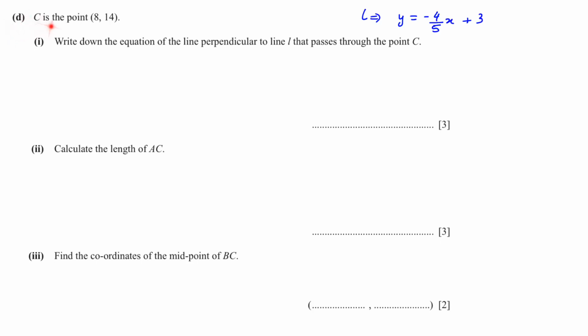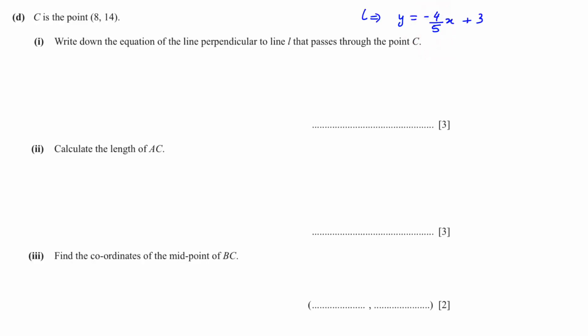Question number D. C is the point (8, 14). D1. Write down the equation of the line perpendicular to line L that passes through the point C. This is the equation of the line L. Now we have to find the equation of the line that is perpendicular. When two lines are parallel, remember the gradient is the same.